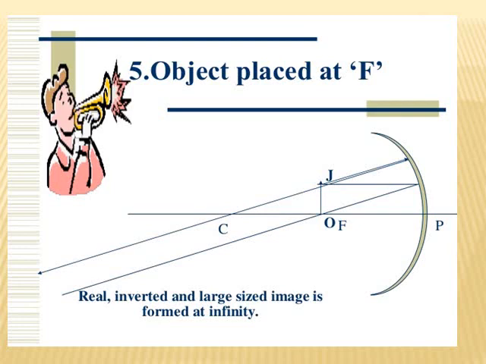Okay, so the image is formed at infinity, and so the nature of the image formed here is real because they are going to meet only on the left side, real, and it will be inverted and it will be a very enlarged image and it is formed at infinity. So this is the ray diagram for the object which is kept at F.